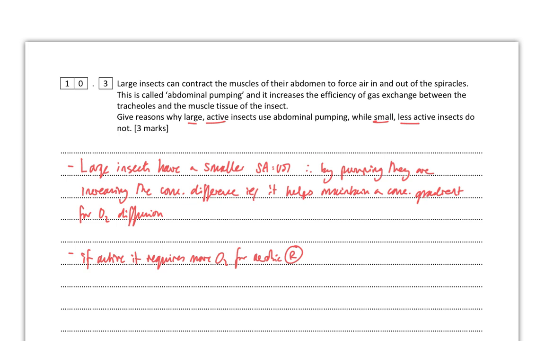Yep, I've said that. It's active, it requires more oxygen for aerobic respiration. Large insects have a longer diffusion distance to tissues or have a smaller surface area to volume ratio. Yep, said that. Abdominal pumping draws oxygen-rich air in due to a decrease in pressure, or it forces carbon dioxide out, or pumps air in and out, so maintains. Yeah, sorry, I've got it. Maintaining a concentration gradient. Phew.